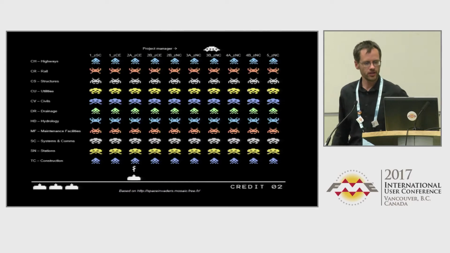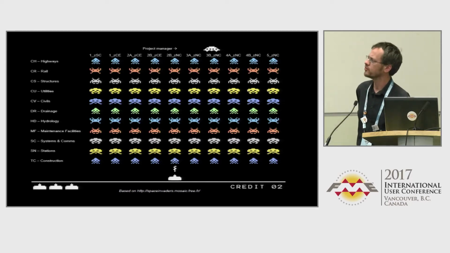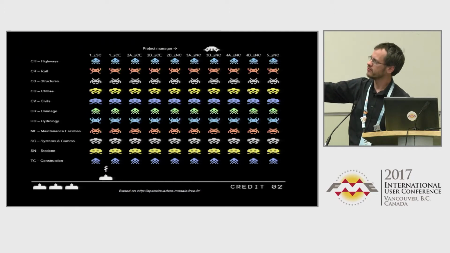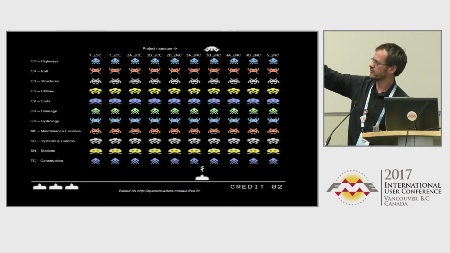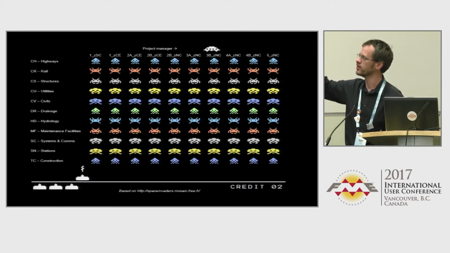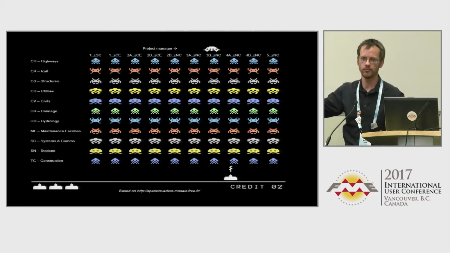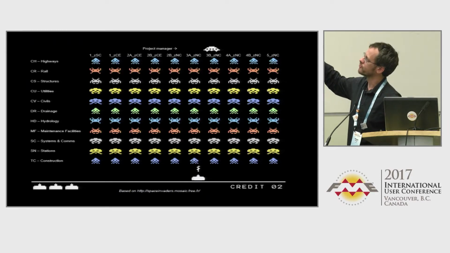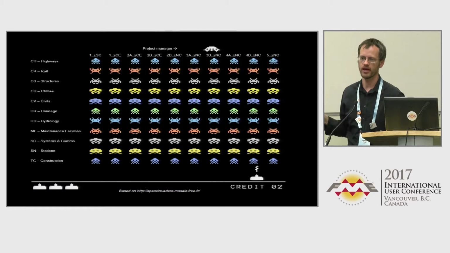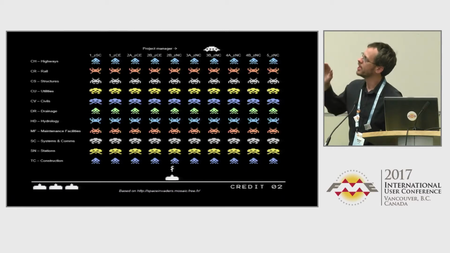So it's for a high-speed rail project, and we've got running down the left-hand side, I forget the numbers exactly, so I'm going to do a rough count. I think that might be 11 different rows of basically different types of data coming into the project. And then running across the top, I hope that's 10 different columns of different geographical areas in which we were doing the work.